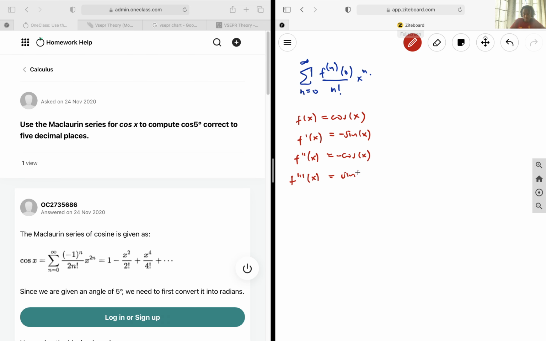And this will give us sine x, then cos x, and you just keep going back and forth. 3, 4, 5. Let's go ahead to the sixth one. 3, 4, 5, 6.